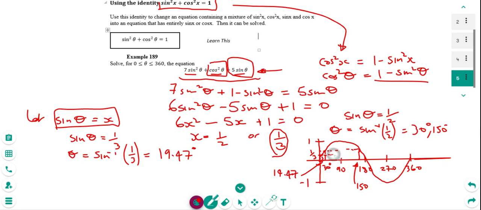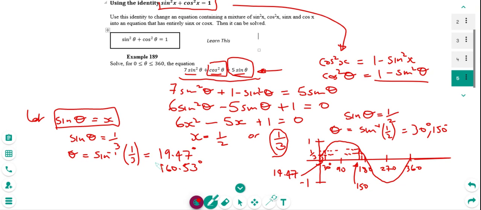Again, we can project across and we can find this value simply by taking away 19.47 from 180. And if we do that, we get 160.53.